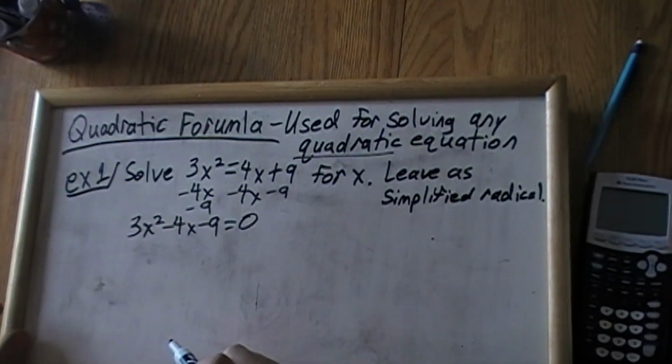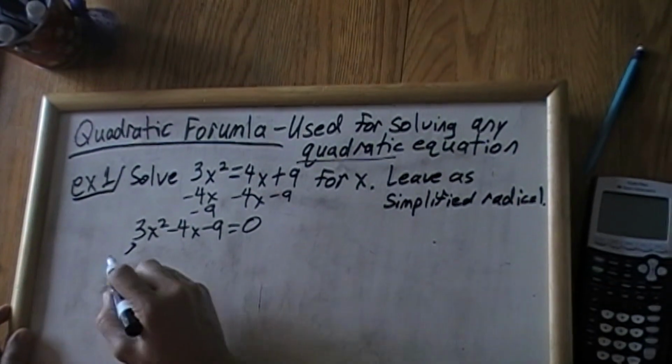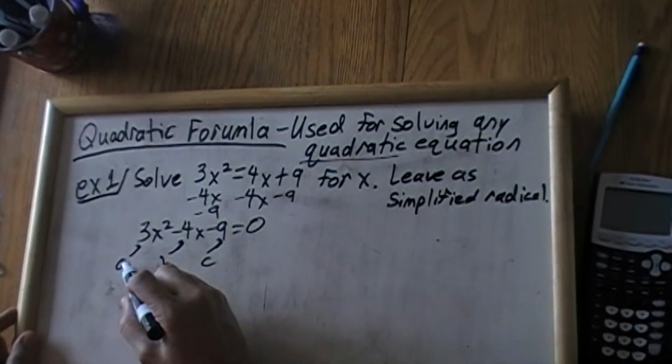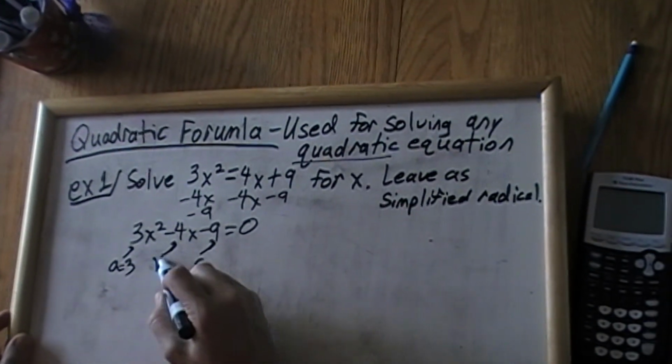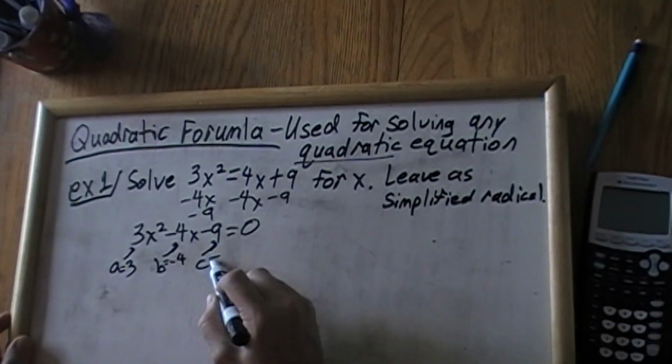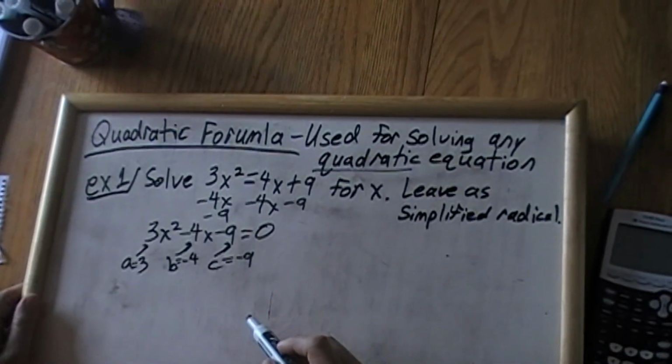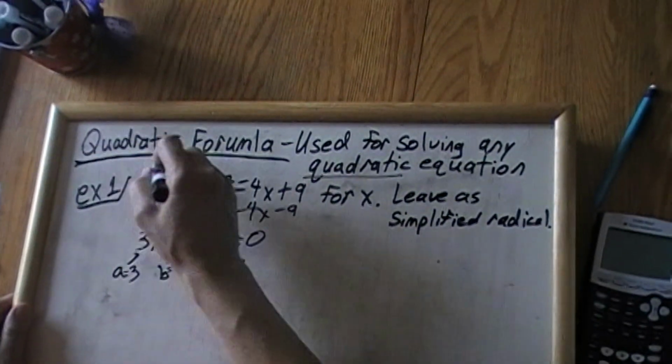Now this is where your A, B, and C comes from. A is equal to 3, B is equal to negative 4, and C is equal to negative 9. And then you plug it into the quadratic formula.